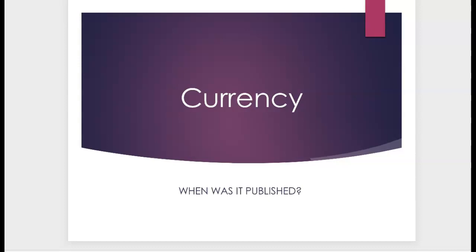You want to tell me when the article was published. Doing so indicates the timeliness of the source, and it also aligns with its relevancy. If it was published, is it up to date? If it's out of date, how is it still relevant?